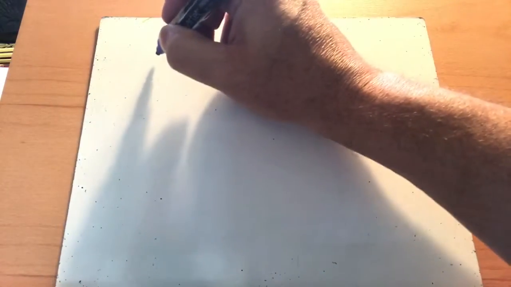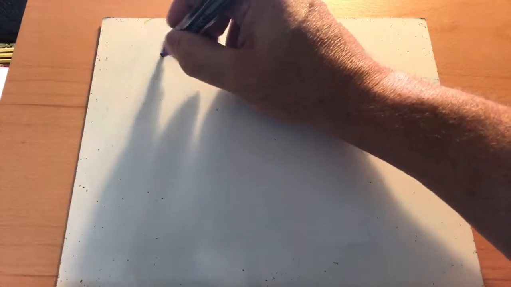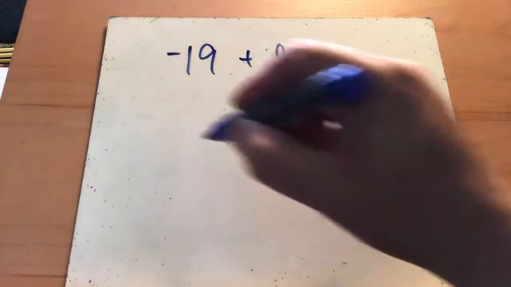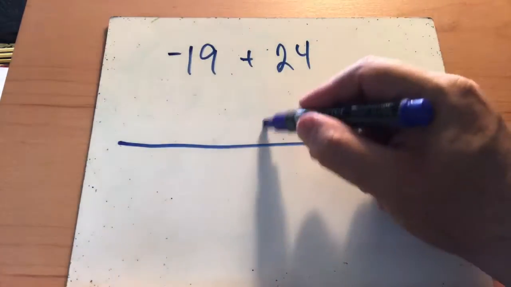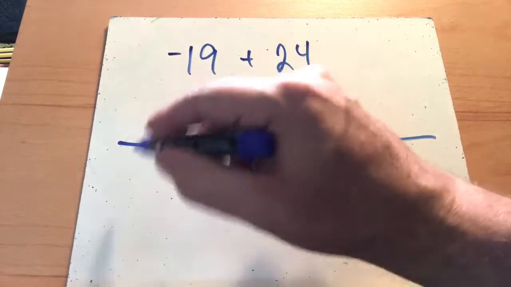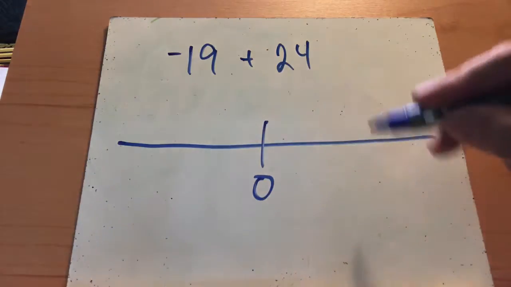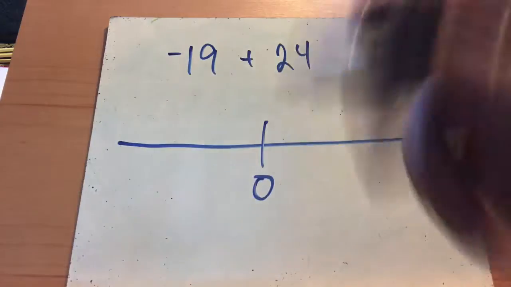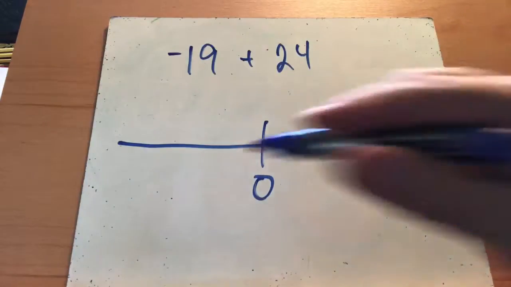Okay, one more example. Let's do something scary like -19 plus 24. Here's where the magic is: all we need to know is where 0 is. We don't have to count -20, -19. Just look at that much.